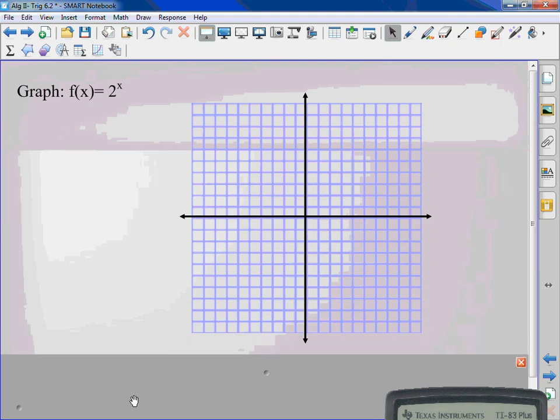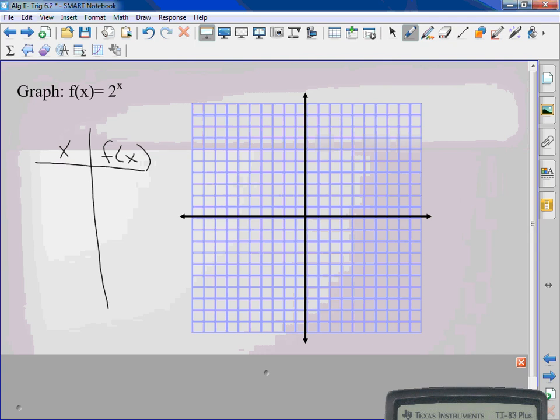We're going to graph f of x equals 2 to the x. We're just going to pick some points.